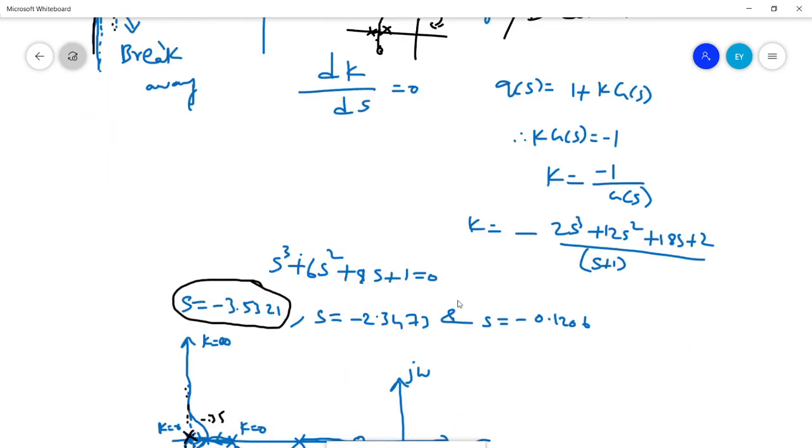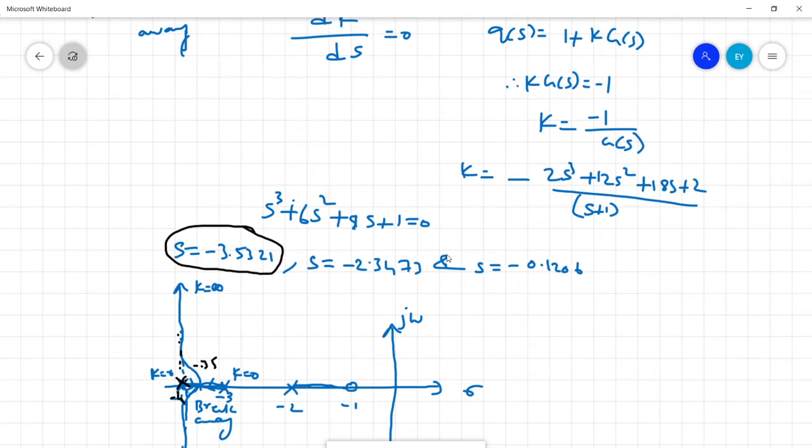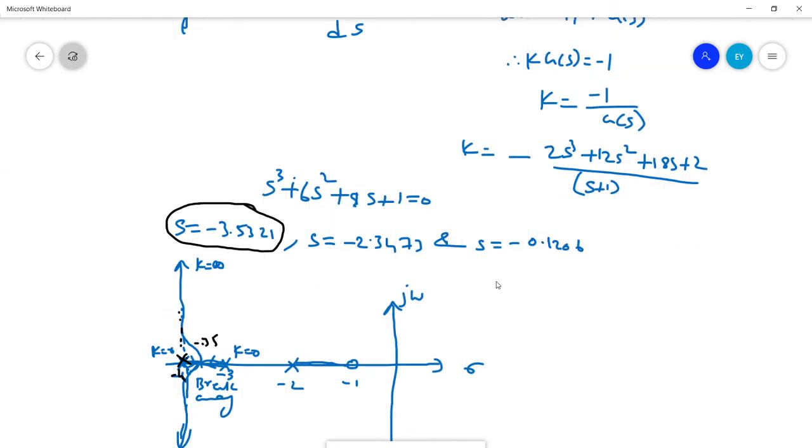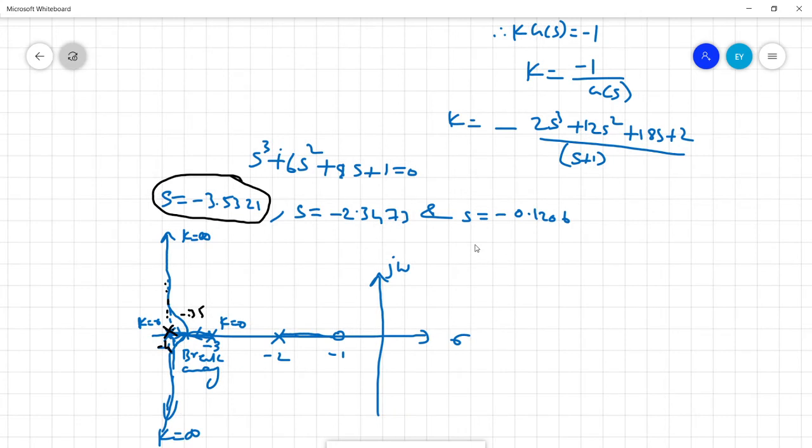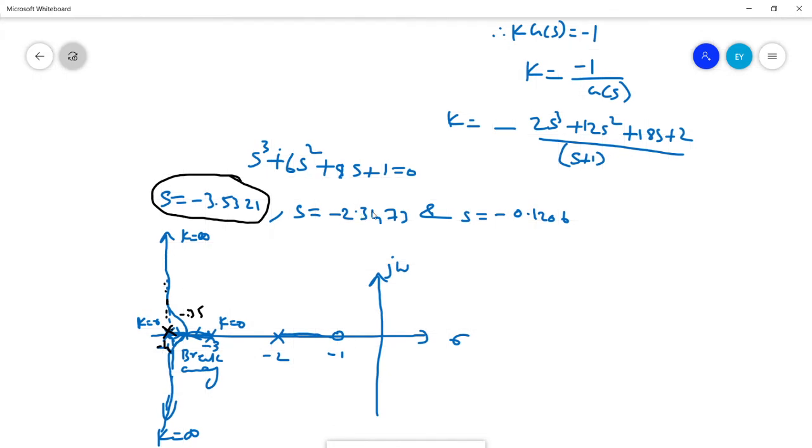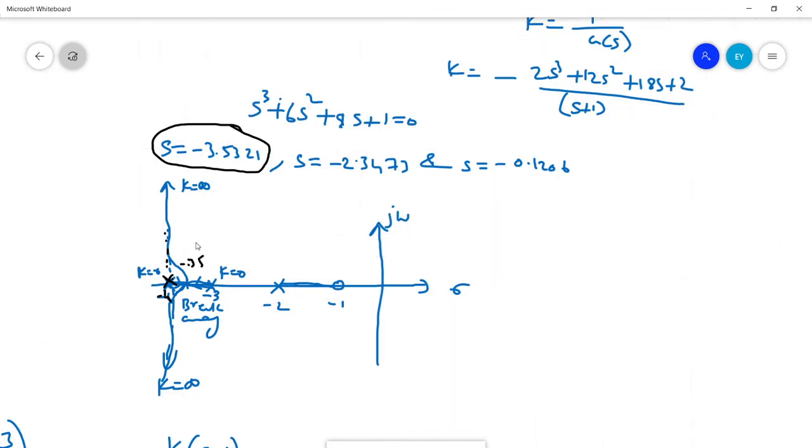For this particular problem, what we got as roots is s equal to minus 3.5321, s equal to minus 2.3473, and s equal to minus 2.126. As we required the breakaway point in between minus 3 and minus 4, out of these three roots, only this particular root will satisfy our purpose, because s equal to minus 3.5 is lying in between the two poles where we required the breakaway point.